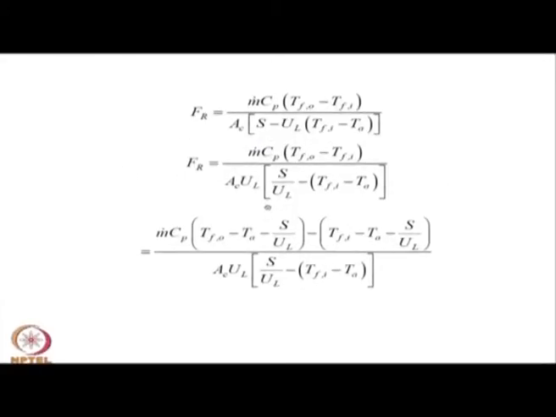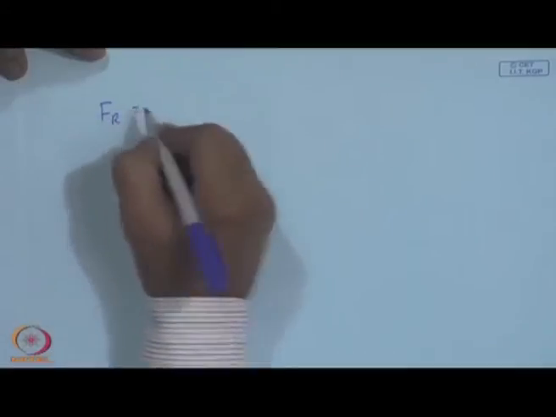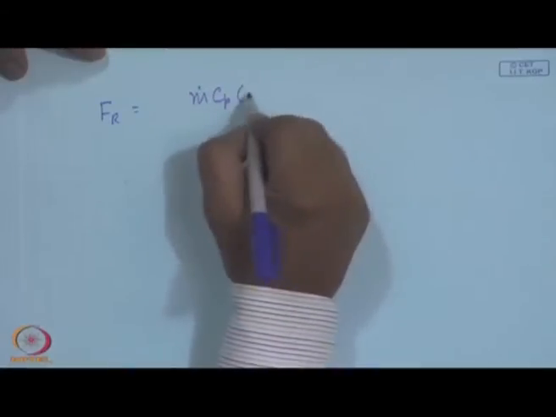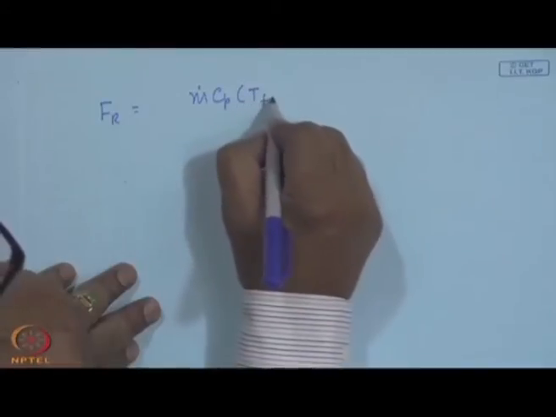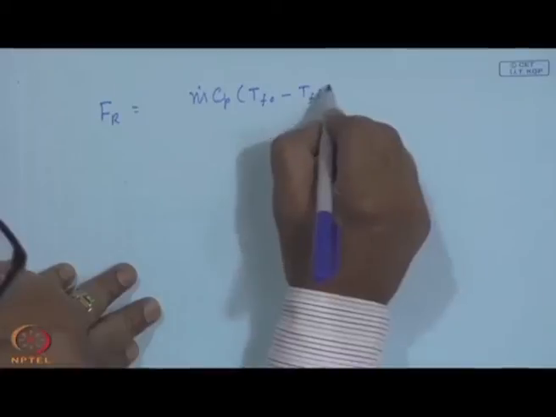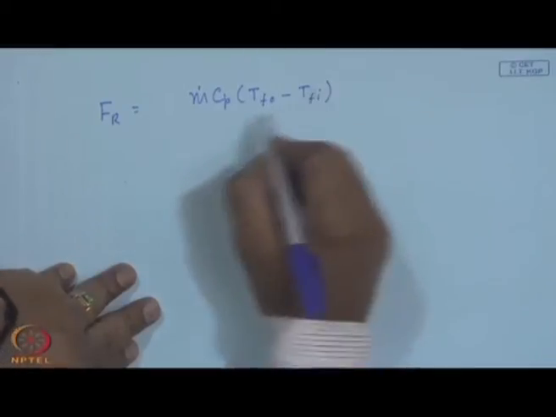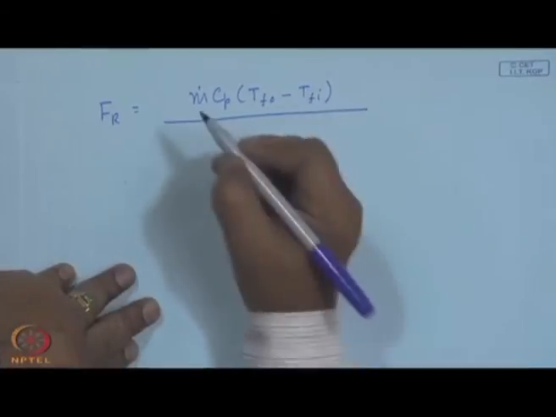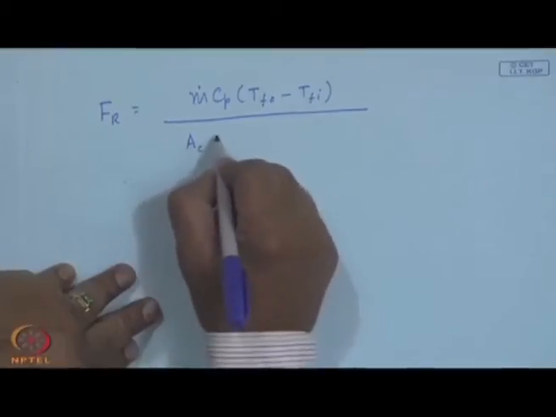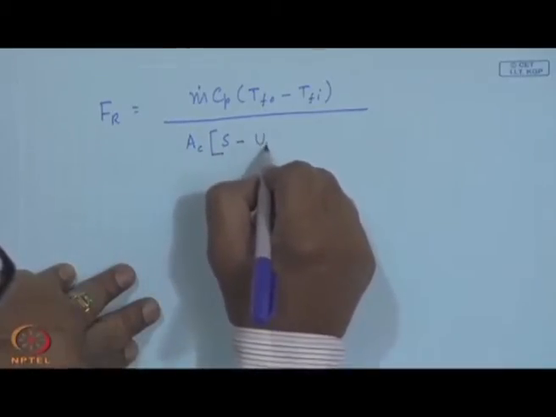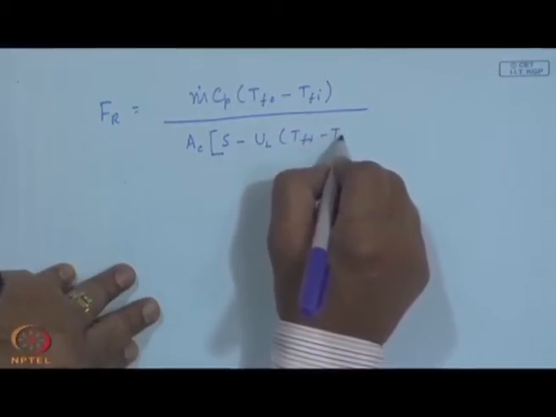So, now if I try to express the heat removal factor F r, irrespective of the collector energy gain equation, the actual energy gain by the collector is truly mass flow rate multiplied by the specific heat multiplied by the temperature difference between the exit and the inlet, upon the energy gain if the entire collector had been at the inlet temperature of the fluid, minus T a.